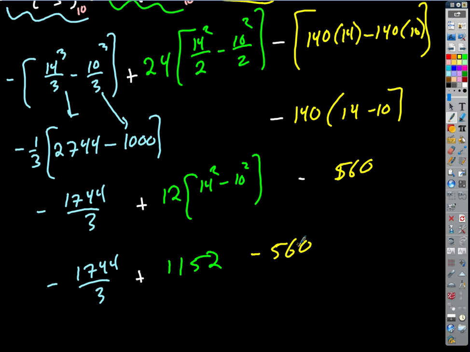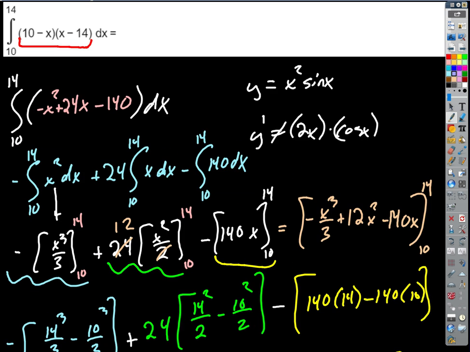Negative 1744/3 plus 1152 minus 560, and the grand total is 32 thirds. So that's the area under that function. We found the area under this quadratic polynomial from 10 to 14. Works out to be 32 thirds.